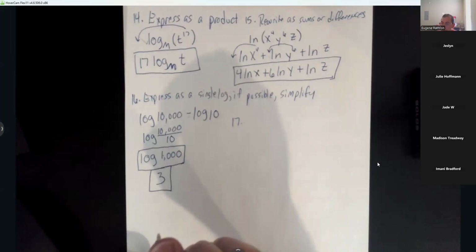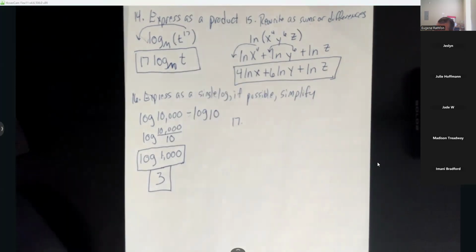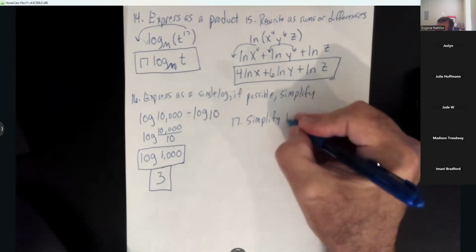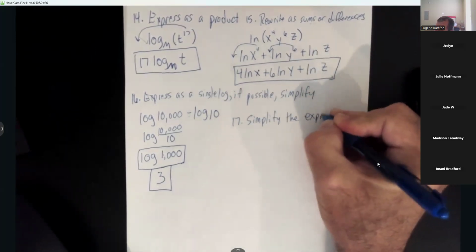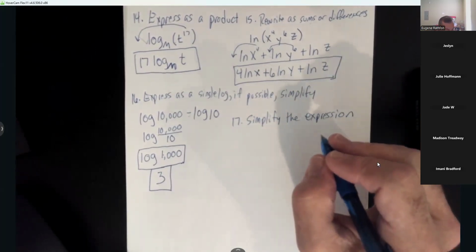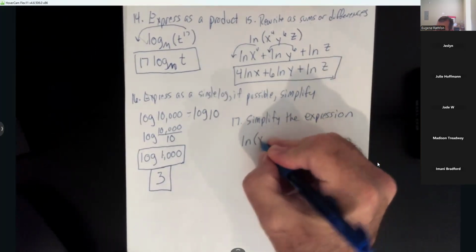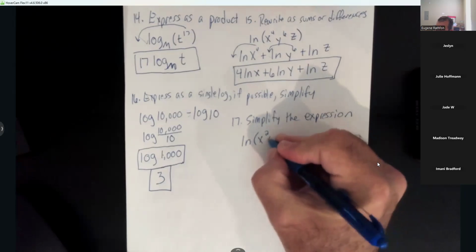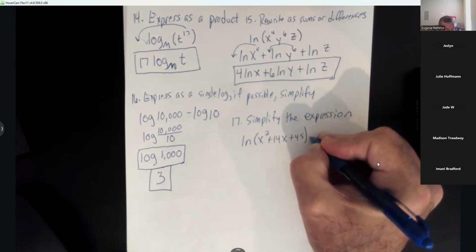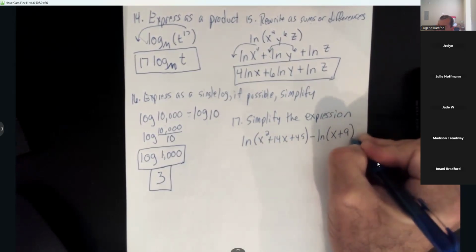Y'all, 17 says to simplify the expression. All right, they're giving me a ln of x squared plus 14x plus 45 minus ln of x plus 9.